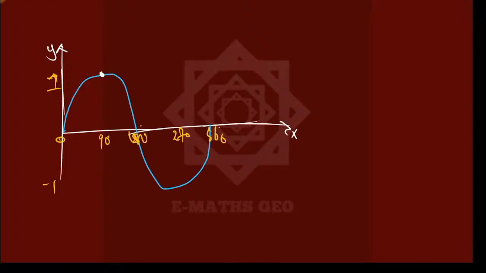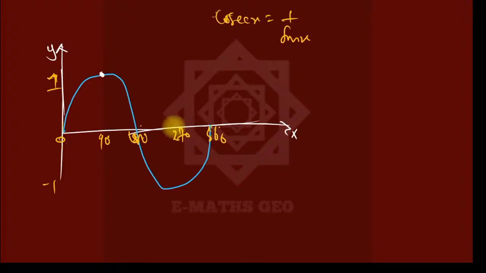So, remember the values from the table, since cosec is the reciprocal of sine. And there are some places where sine of the angle is 0. So there will be a vertical asymptote at 180, because 1 over 0 is undefined. So there will be a vertical asymptote at 0, 180, and 360.